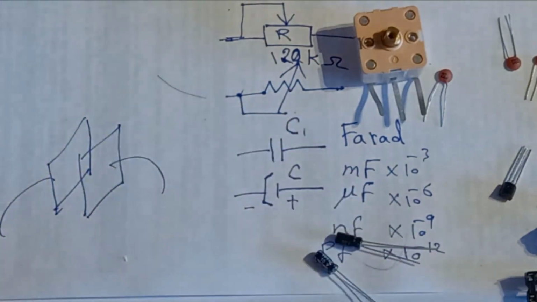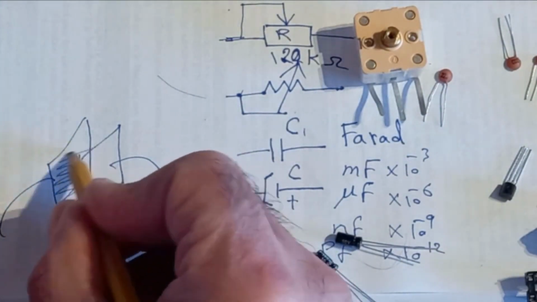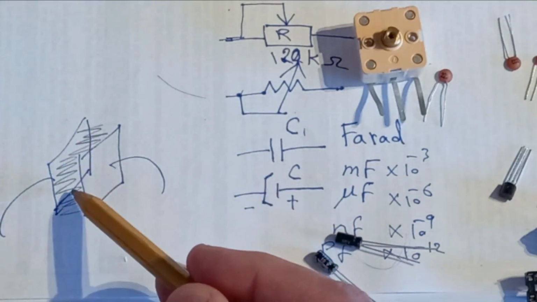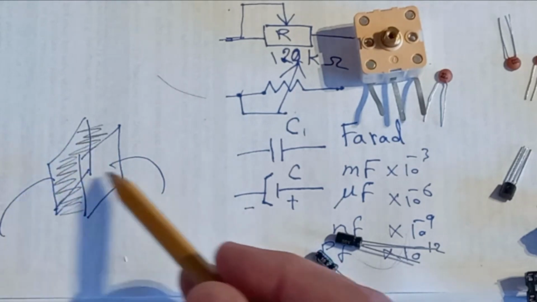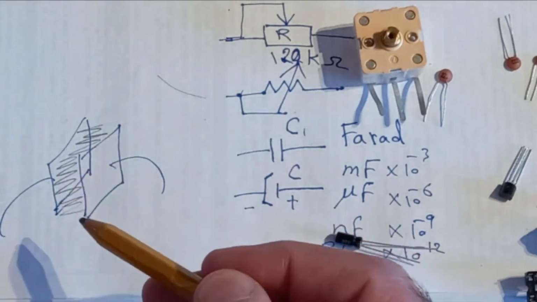Depending on what material is used as the insulator in between them, whatever the material is that's used as an insulator, so they won't cause short circuit, that capacitor is called by that name.